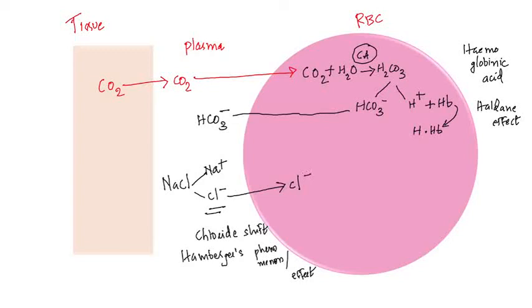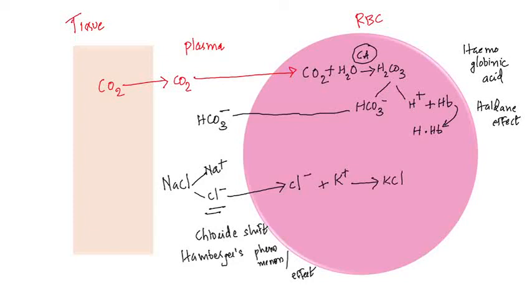Okay, so now the chloride ion has reached into the RBC as compensation for the loss of a negatively charged ion. Once it has reached inside the RBC, it is going to combine with another positively charged ion already present inside the RBC, that is the K plus ion, potassium ion, and forms KCl, potassium chloride.